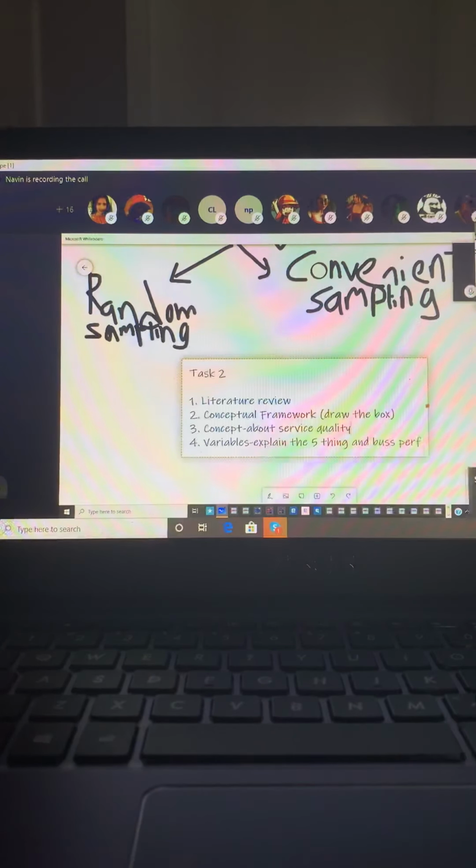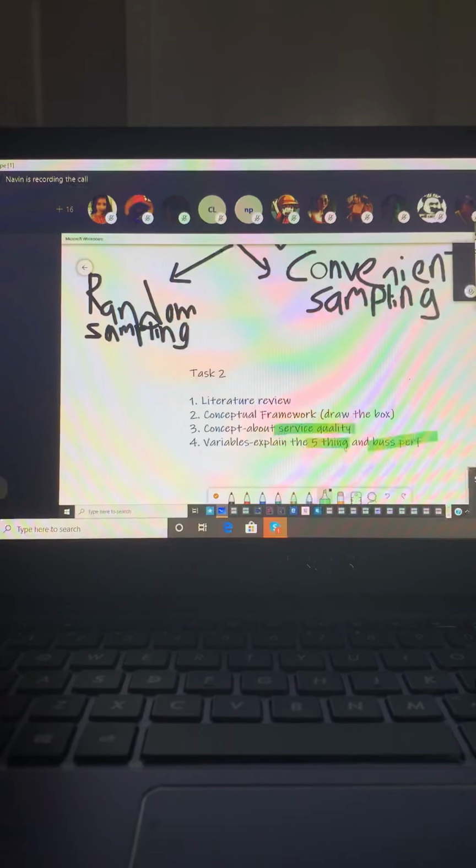Okay, guys, concept, you mention about service quality. Okay, what is the meaning? Variables, you explain the 5 things, okay, and you explain the business performance. Conceptual framework, you draw the box as per the update. Okay, so this one is for task number 2. Okay, you can take picture if you want, in case you have forgotten.